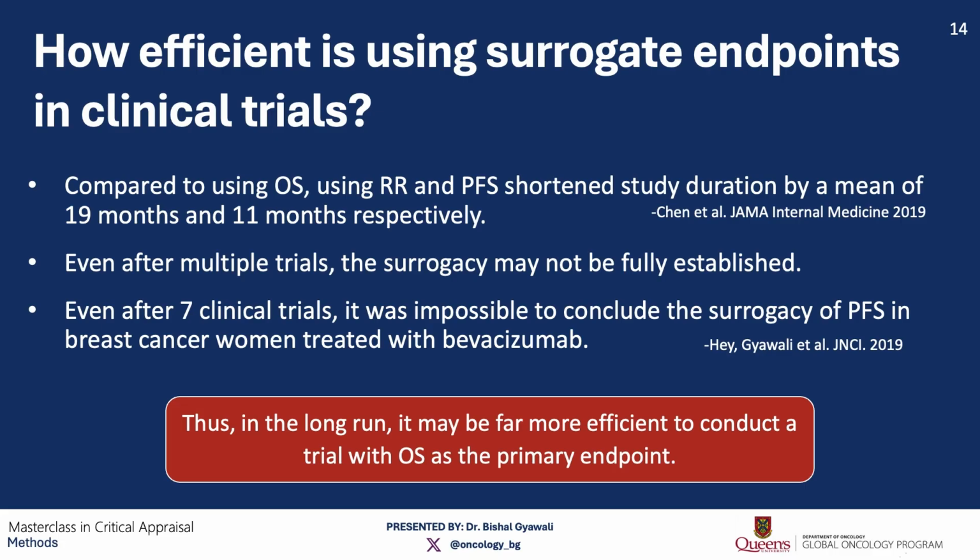And even after 7 clinical trials, if someone asked, is PFS a good surrogate for OS? The answer was maybe. We don't know. That is, even after 7 clinical trials, we could not fully validate or invalidate the surrogacy of PFS with OS in this setting. So instead of needing to guess forever, we can save time and we will have clarity of information if we just measure OS.